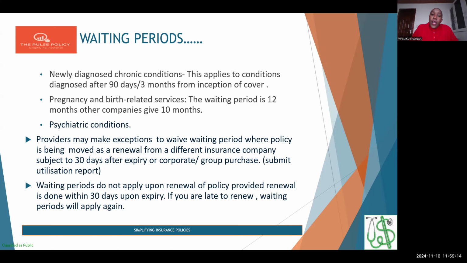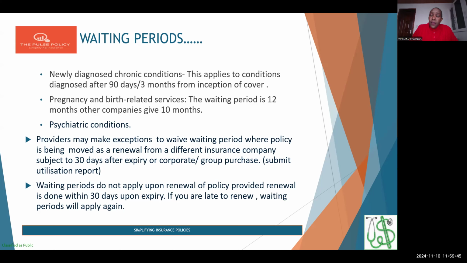We call that newly diagnosed conditions. For these conditions, some companies in the market are going to cover it under the pre-existing and chronic conditions, and some will give you a separate benefit specifically for newly diagnosed chronic conditions. So it's good to note there's a difference between pre-existing chronic conditions and newly diagnosed chronic conditions, which are diagnosed within 90 days.